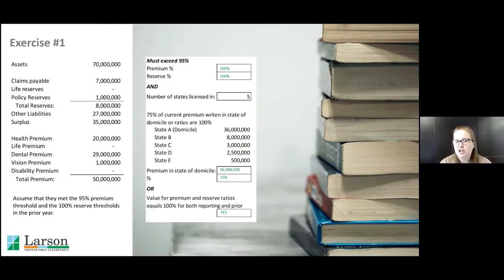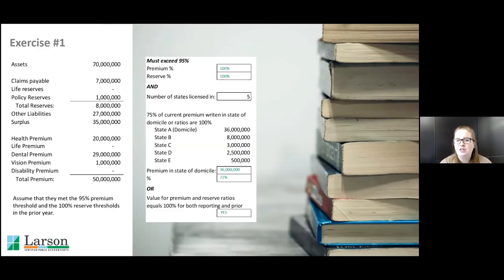If you remember, the third criteria was how much of their premium is written in their state of domicile. So we've listed out the different states that their premium falls into of the 50 million. And you'll see that if we take the 36 million, only 72% of their premium is in the state of domicile. So based on those first 3 criteria, they would not meet the test.